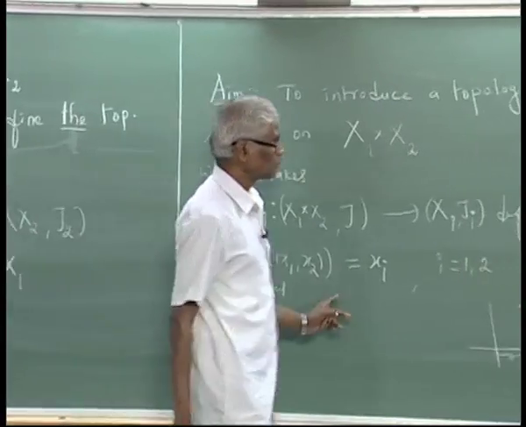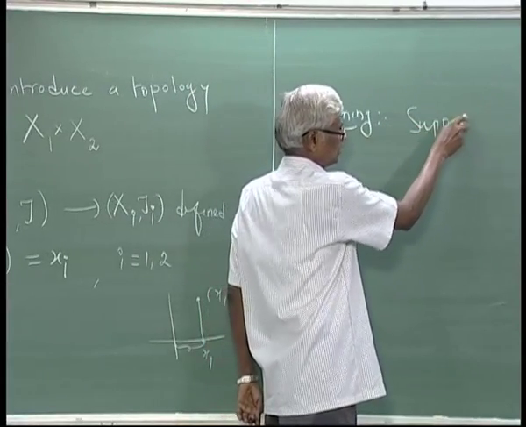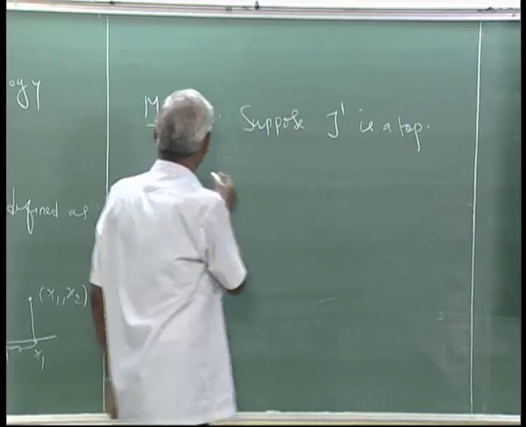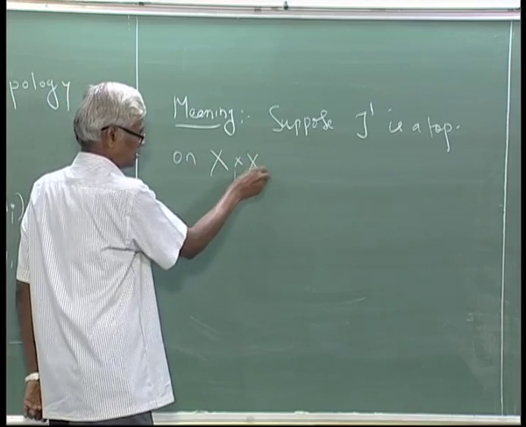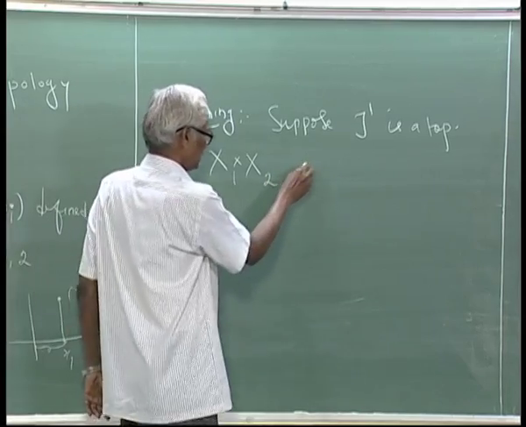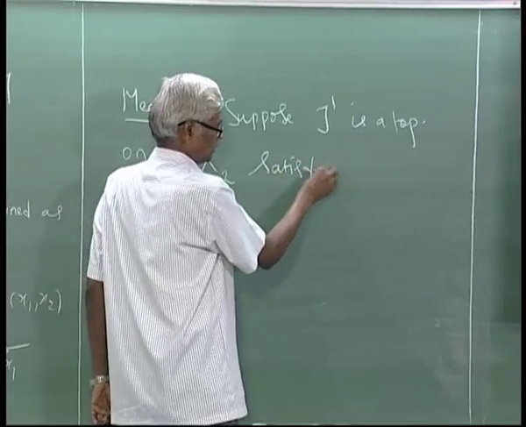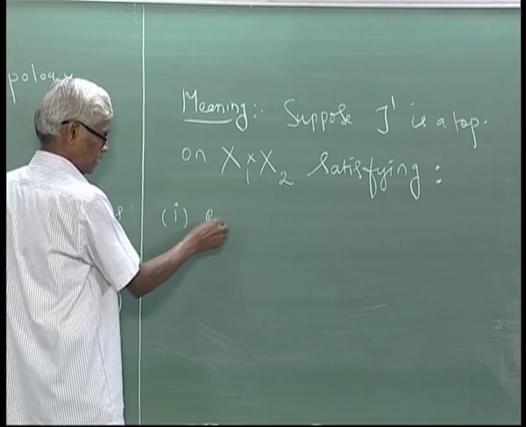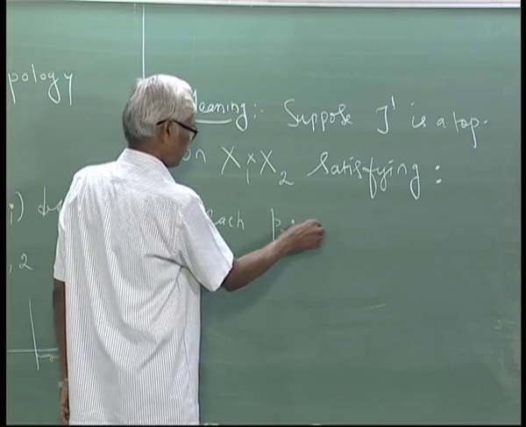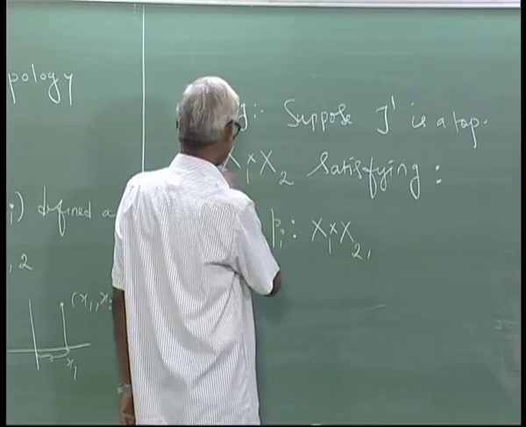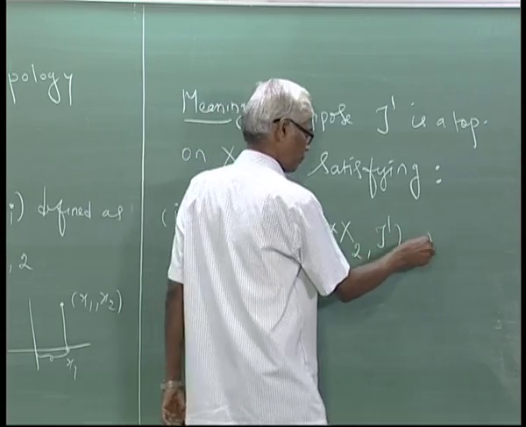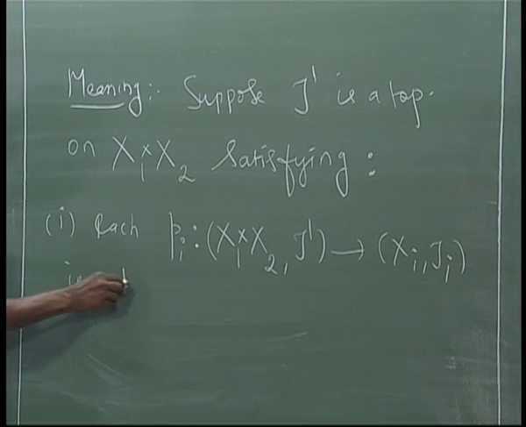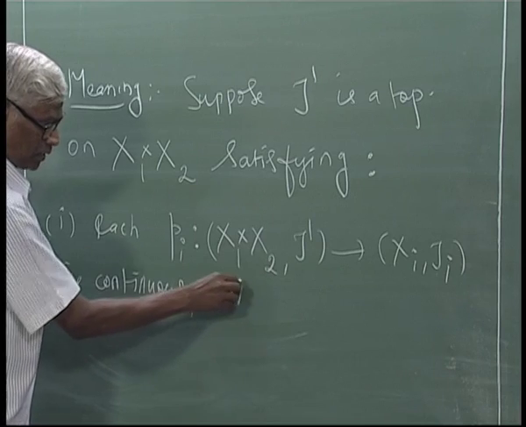Suppose tau prime is a topology on the Cartesian product X1 cross X2 having the same property, that is, satisfying the following property: each Pi from X1 cross X2 with respect to this topology tau prime to Xi with tau i is continuous for all i equal to 1, 2.